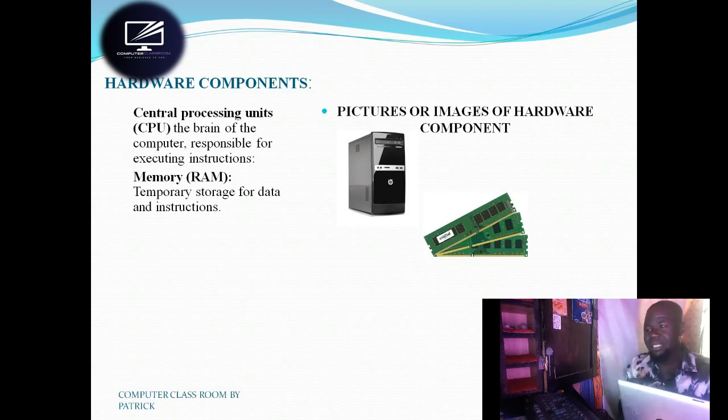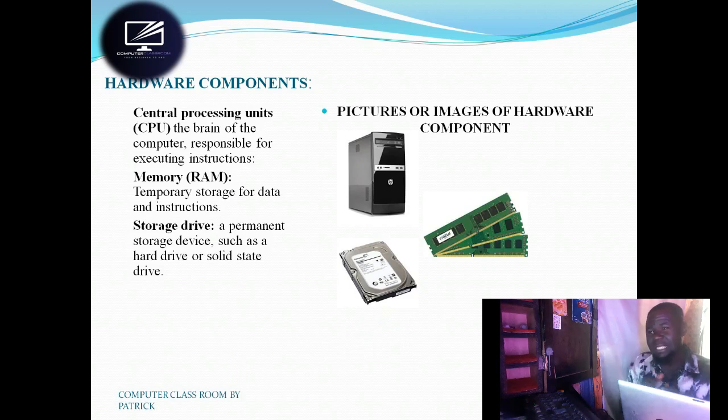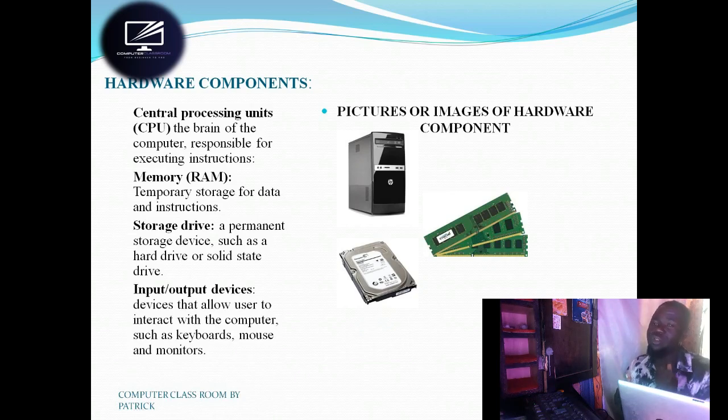That is the image of the RAM. What else do we have? We have the storage drive, a permanent storage device such as hard drive and solid state drive. That is the image of a storage drive. That is the hard drive.